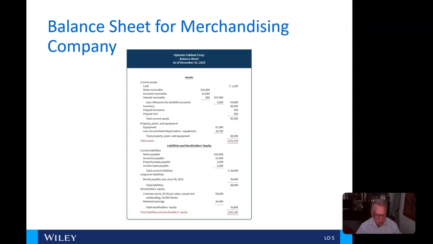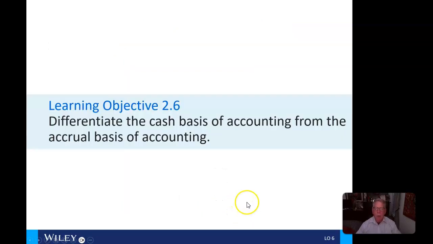And again, we just bring over all our assets and liabilities and stock from the adjusted trial balance and the calculation of retained earnings that we just made. And now our balance sheet balances, and away we go.